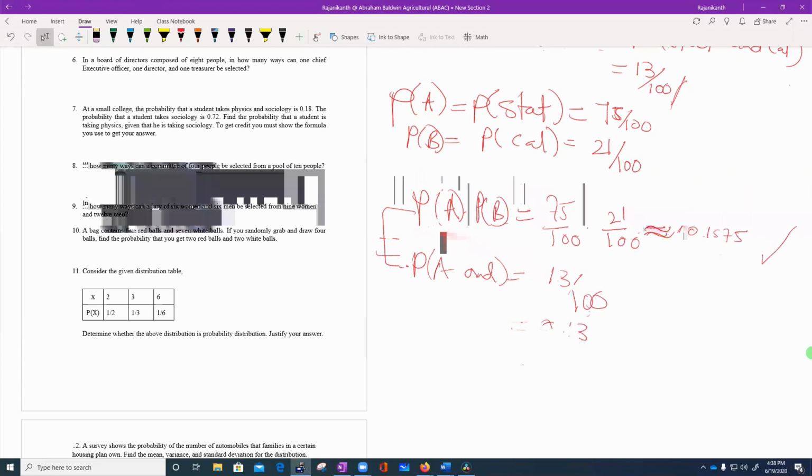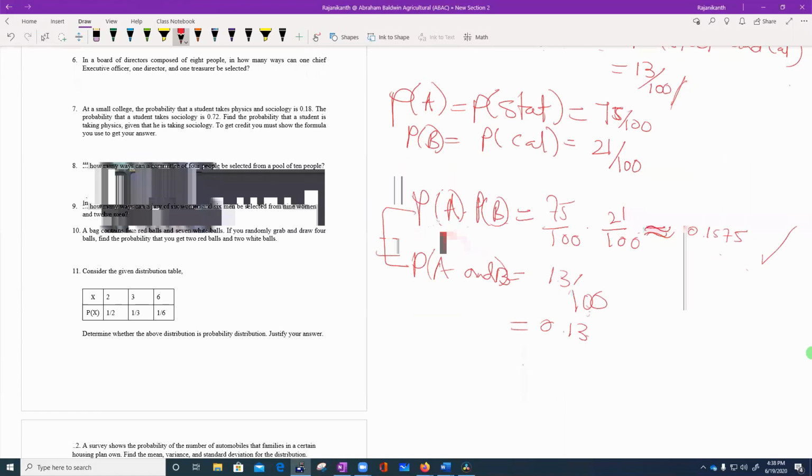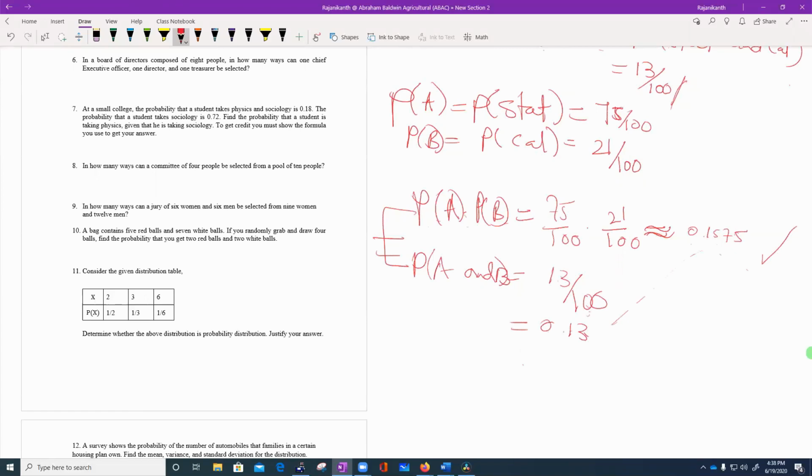So P of A and B is 0.13, and P of A times P of B is 0.1575. Since these two numbers are not equal, that means A and B events should be not independent. Dependent, yes.